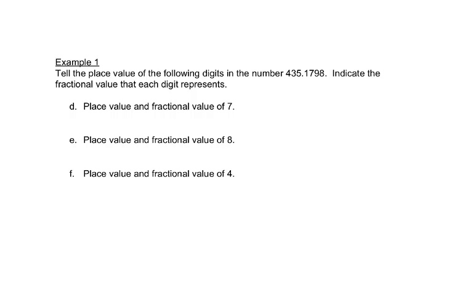So the 7 is 2 numbers after, so that's tenths and then hundredths. So we would say 7 hundredths. We'd write that 7 over 100. The 8 is in the 4th spot, so that's tenths, hundredths, thousandths, 10,000ths.